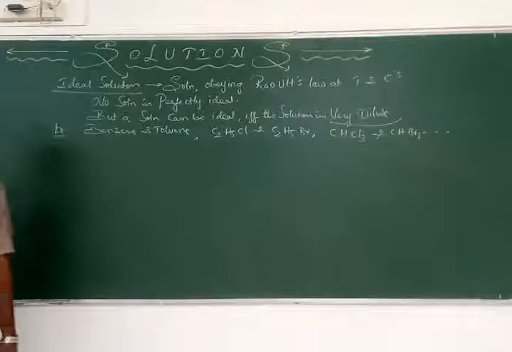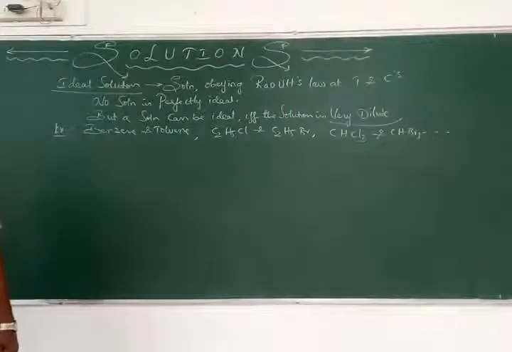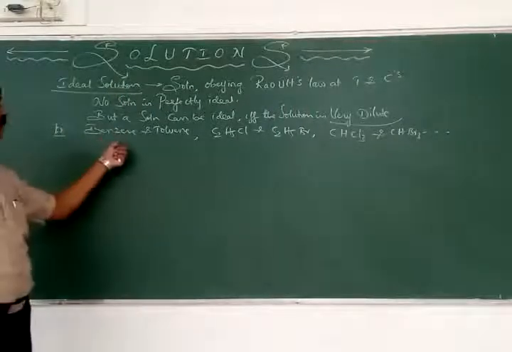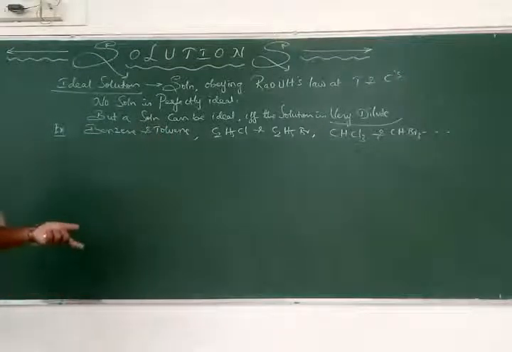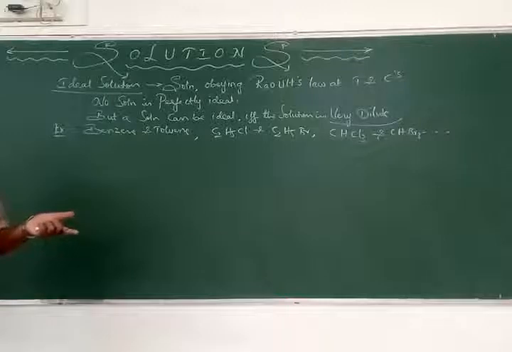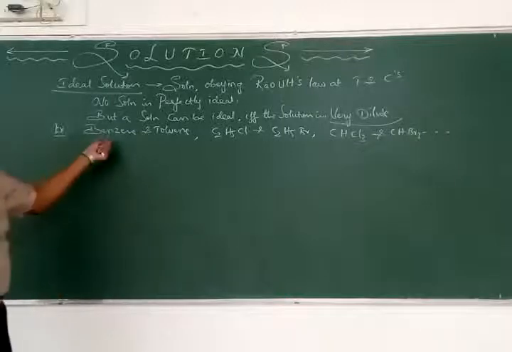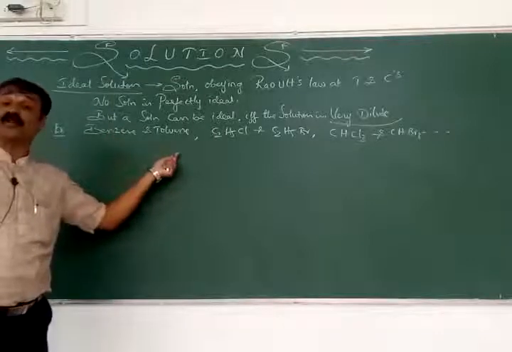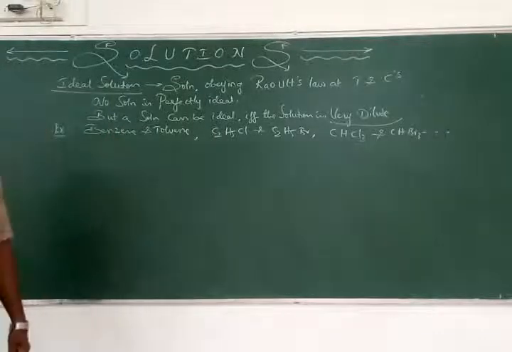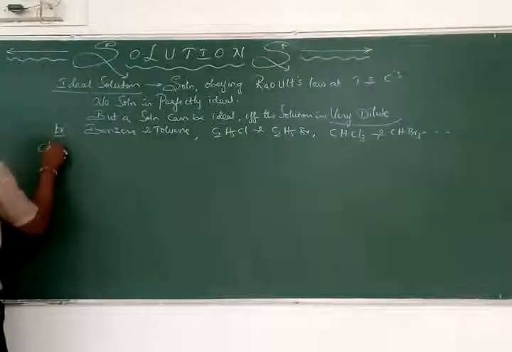They are some of the examples of ideal solutions. Suppose I take 50 ml of benzene and 50 ml of toluene, it is not an example of an ideal solution because it is not dilute. If benzene is very less in amount compared to the toluene taken, then it is an example of an ideal solution. Okay.